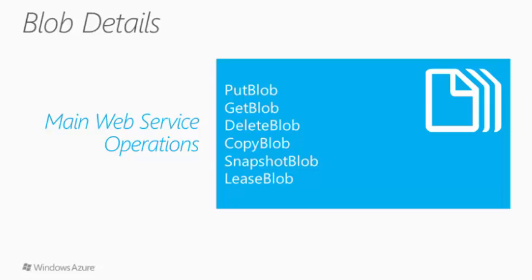In this case, we need to ensure that only the current virtual machine is able to perform write operations on this blob. So that's why our virtual machine will take a lease on this VHD file, which is basically a regular blob.